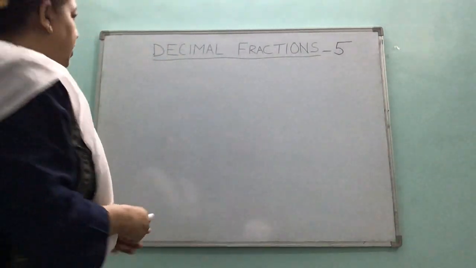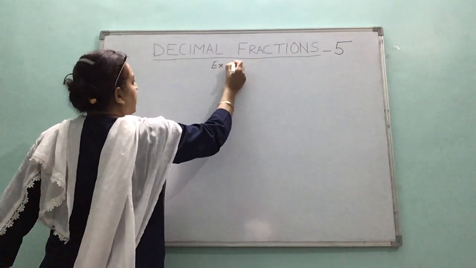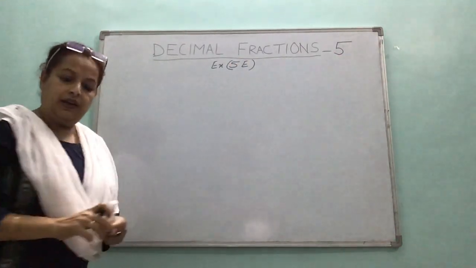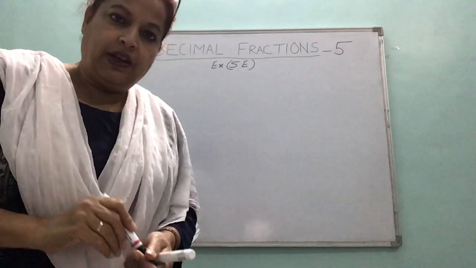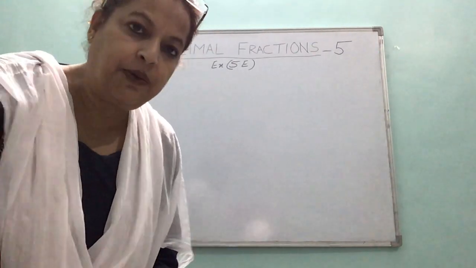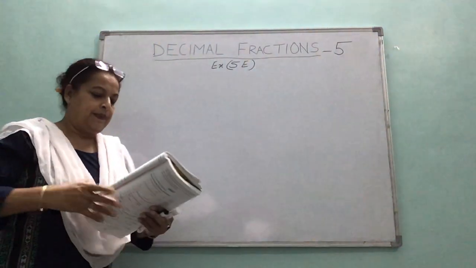Exercise 5E. And the questions which I am taking, I will be reading it out to you. I will not write the entire question. Since these are word problems, there would be certain statements also there.